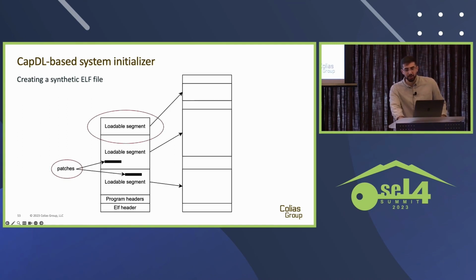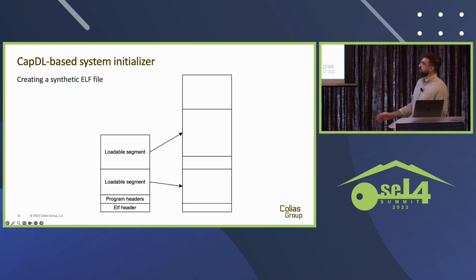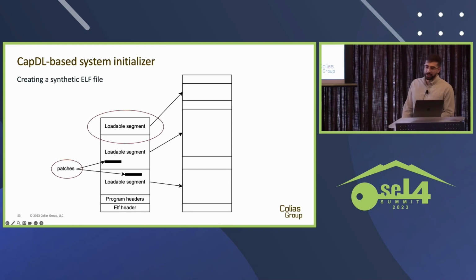So I've created a simple tool that allows us to extend and patch program images by creating new, super simple synthetic ELF files, which only have program headers. For the CapDL initializer, we create a synthetic ELF file that contains the original CapDL initializer.